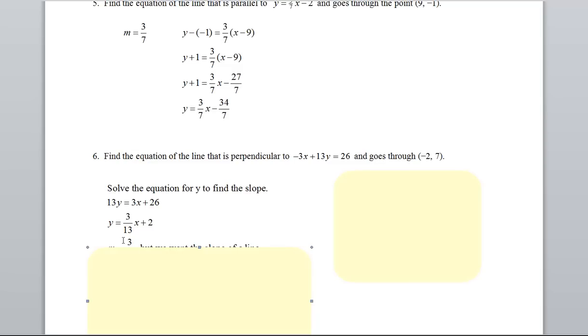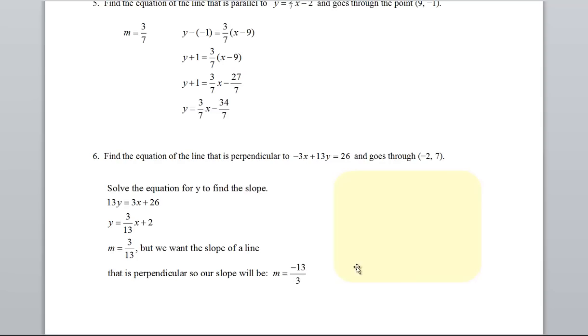Get the reciprocal, however you want to remember it. Slope is 3/13, but we want the slope of a line that's perpendicular, so our slope will be -13/3. Now if you multiply this times this, there's your -1. Be careful with perpendicular. It's called negative reciprocals, and some of my students go change sign flip. So that's up to you.